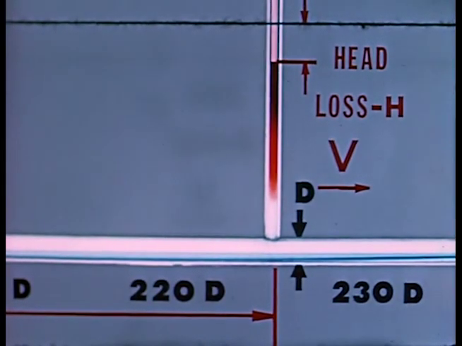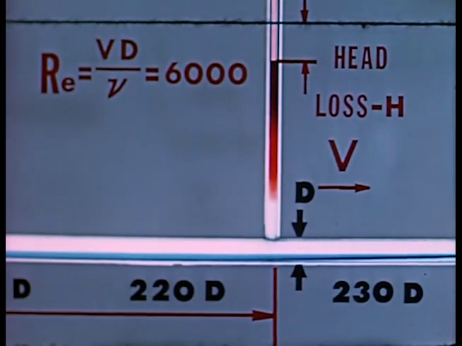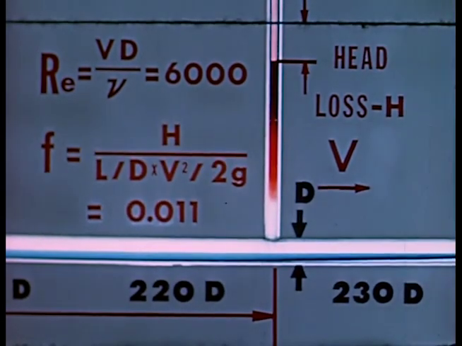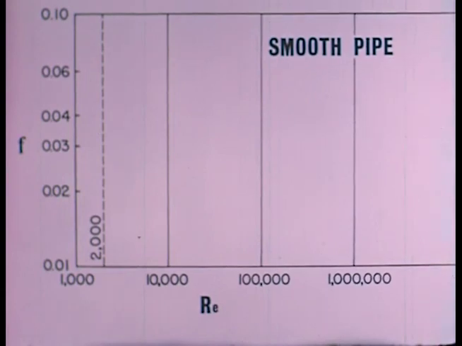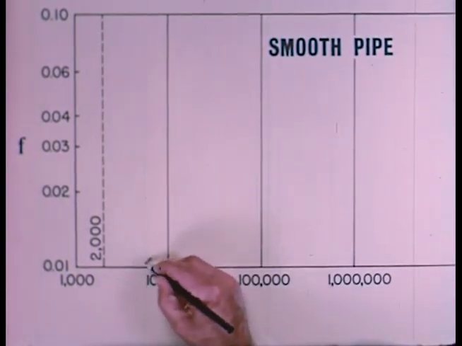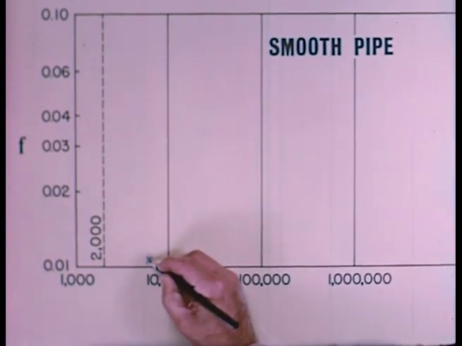These are usefully grouped into two dimensionless quantities, pipe Reynolds number and friction factor F. For smooth pipes with fully developed boundary layers, friction factor is a function of Reynolds number only.